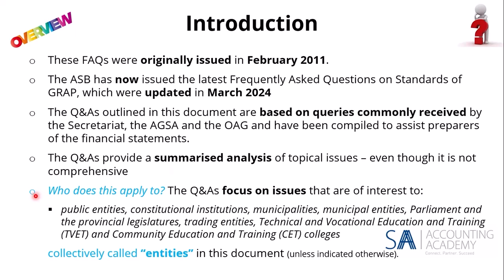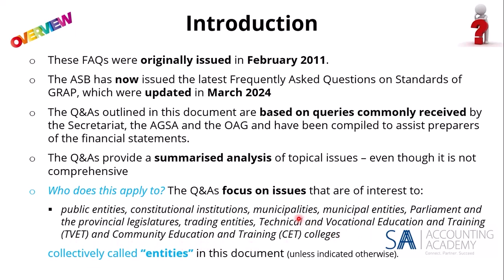The most important thing is who does this apply to, because it doesn't apply to all your clients. GRAP is not the same as GAAP. GRAP is applicable to public entities, constitutional institutions, municipalities, municipal entities, parliament and provincial legislatures, trading entities, technical and vocational education and training colleges, so your TVET, and your CET, your community education and training colleges.